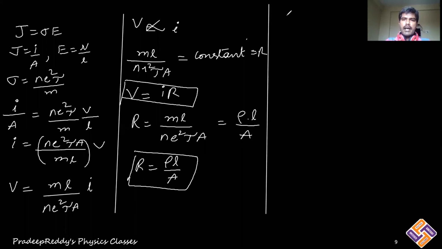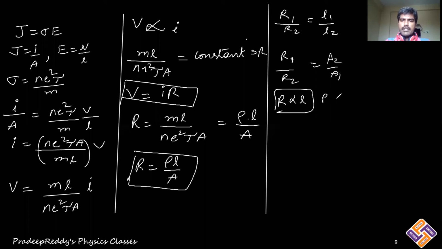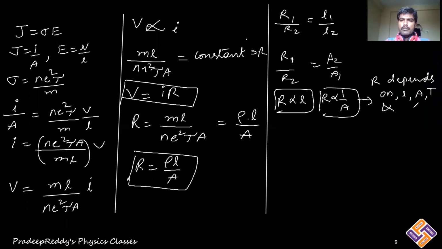From there you can write R1 by R2 is equal to L1 by L2, and R1 by R2 is equal to A2 by A1. Resistance is directly proportional to length, and resistance is inversely proportional to area of cross section. R depends on L, A, T and volume, but rho is equal to m divided by n E square tau.